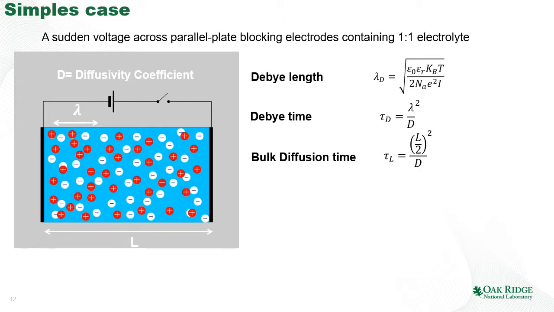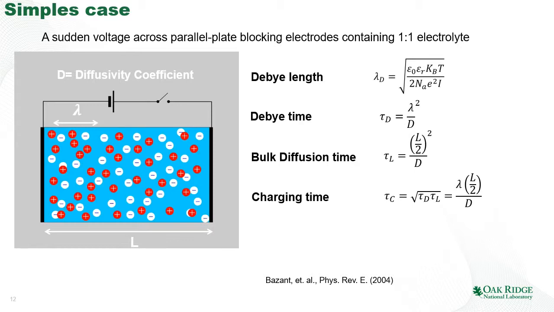The Debye time is the amount of time required to form the charged monolayer on the surface, but it is not enough for ions to move from one electrode to another. The bulk diffusion time defines the amount of time required for the ions to get from one electrode to another. And there is a third time called the charging time, which is the geometric average of the Debye time and the bulk diffusion time.